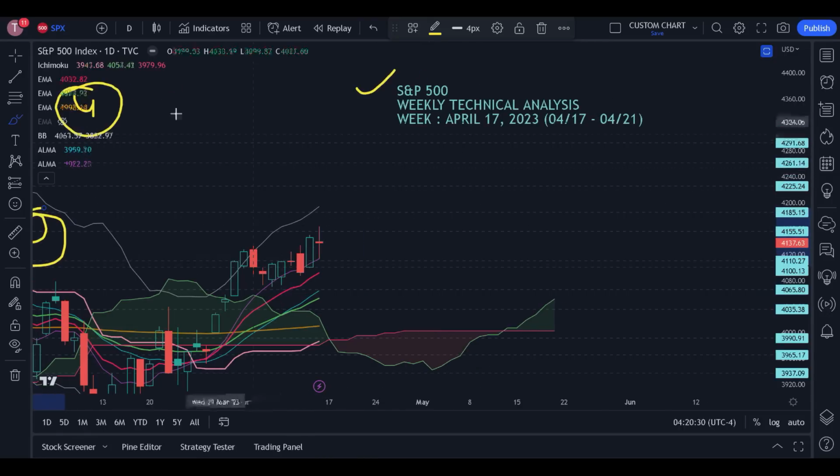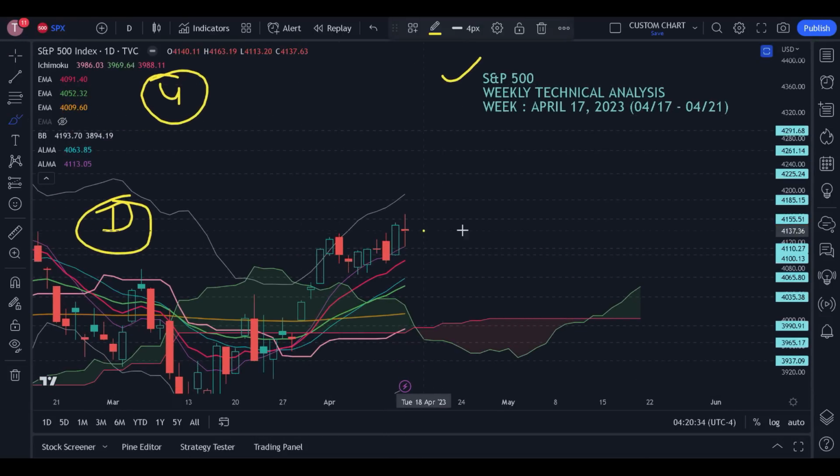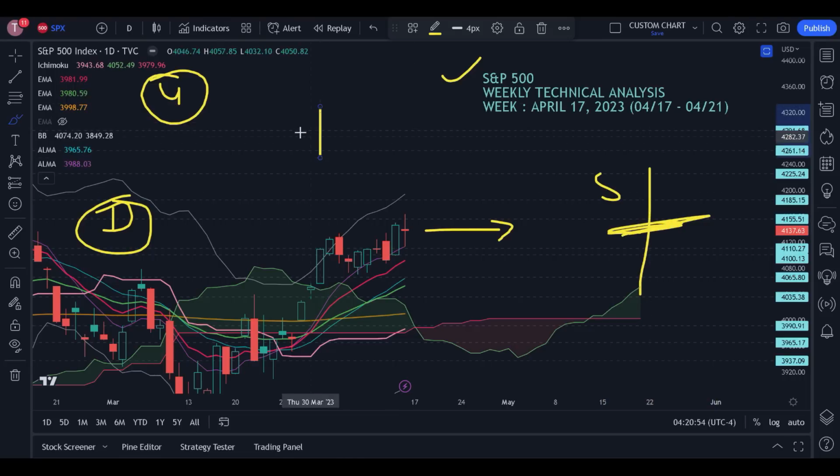First of all, let us discuss the candle. It looks like a doji candle, but in actual it is not. It is more like a spindle. Generally a spindle is an indication of a reversal. If the spindle is formed in the bullish direction, then there comes a bearish reversal.